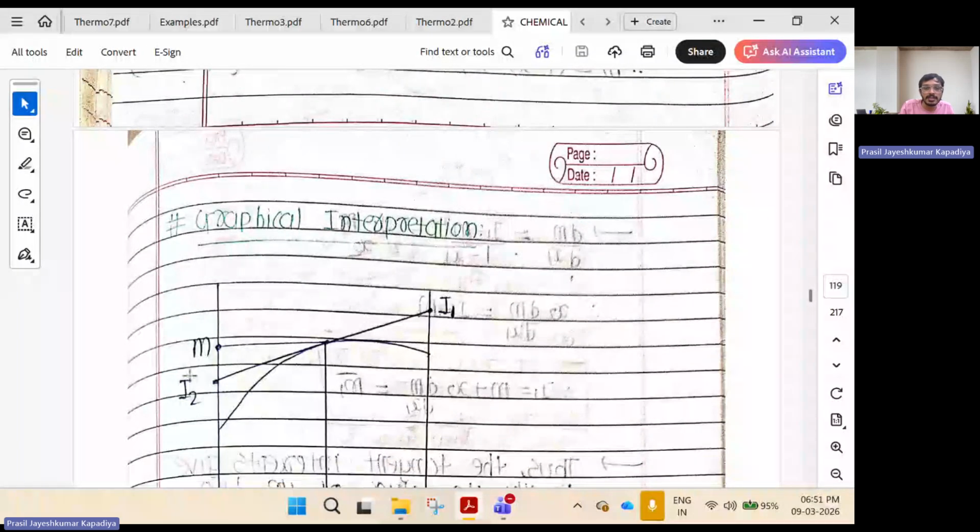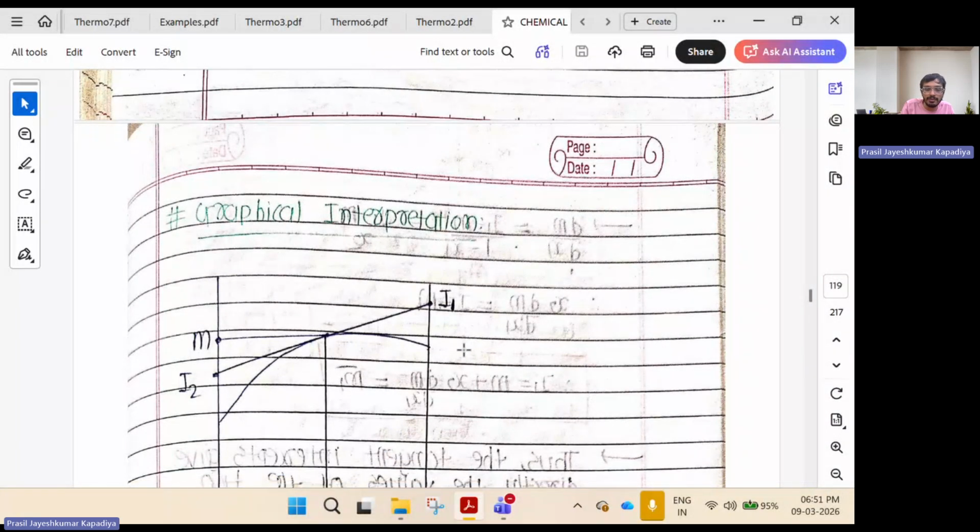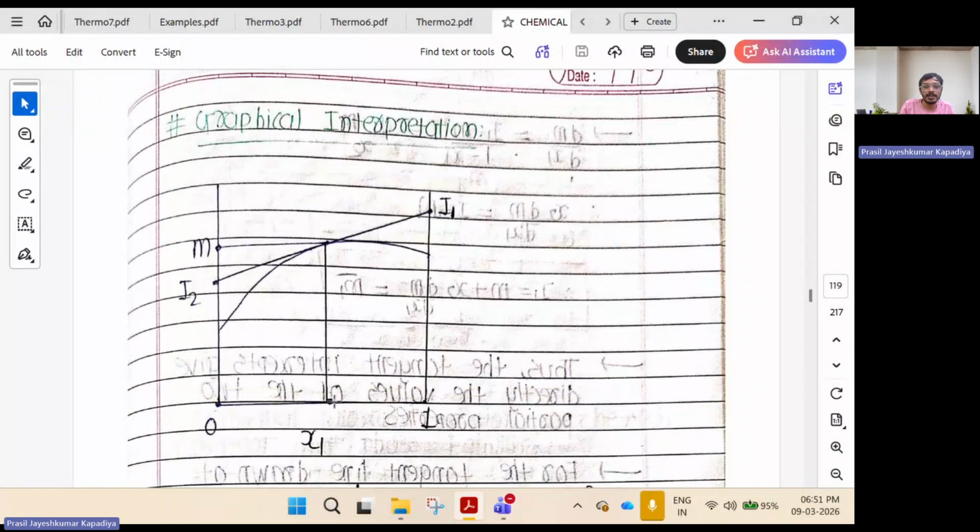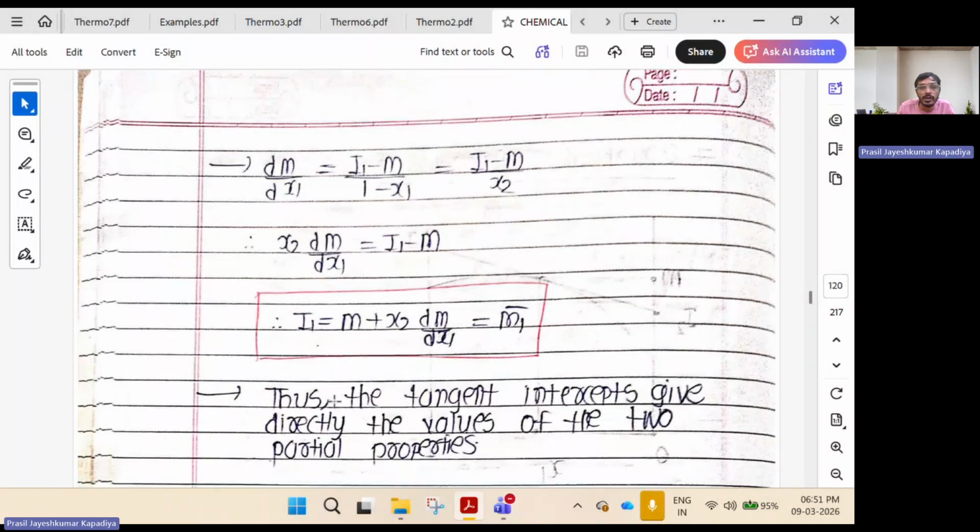I1 minus this corresponding value m, divided by 1 minus x1. This will be my slope. So 1 minus x1 is nothing but the mole fraction of component 2, x2. So I can write that x2 dm dx1 is equal to I1 minus m. So I1 will be equal to m plus x2 dm dx1. So what is m plus x2 dm dx1? That is nothing but the partial molar property of component 1.